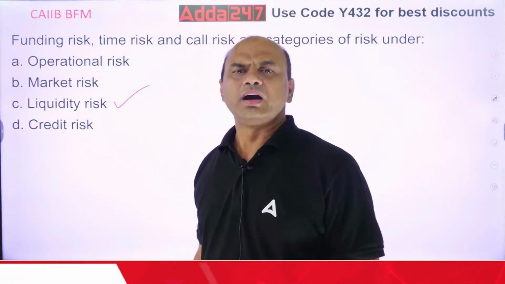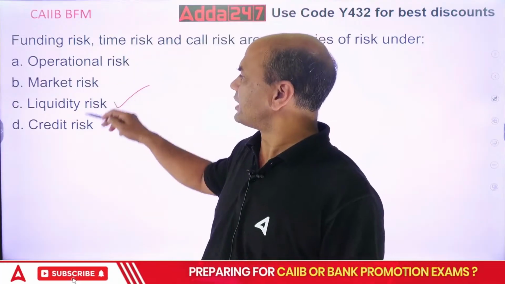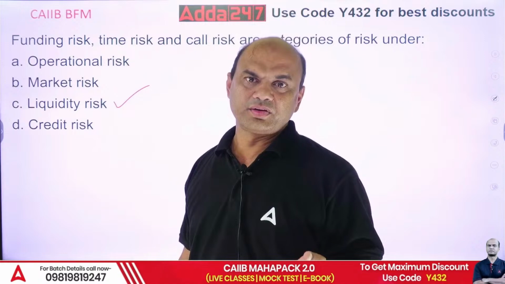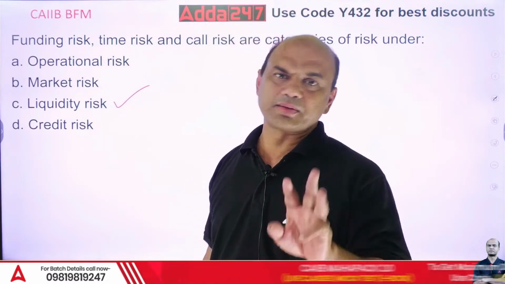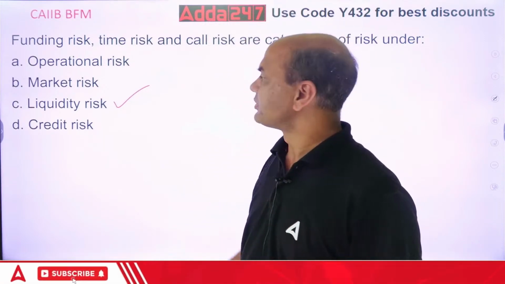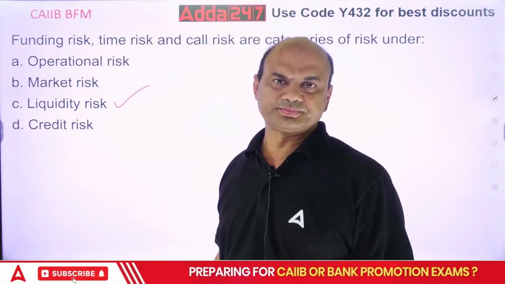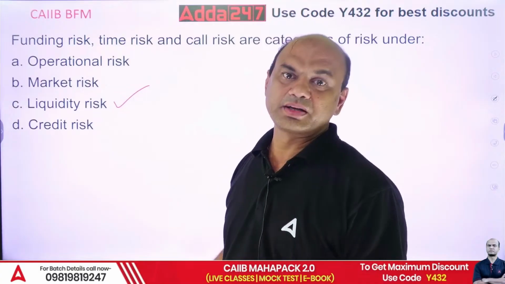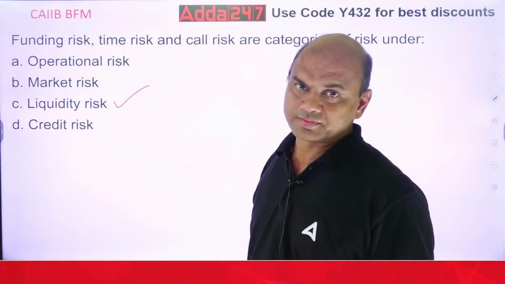Some of you have answered market risk also, but liquidity risk in the end will go into market risk only. There are mainly three risks in banking: credit, market and ops. Liquidity risk is a sub-part of market risk. But here the option is given, so you have to take it.